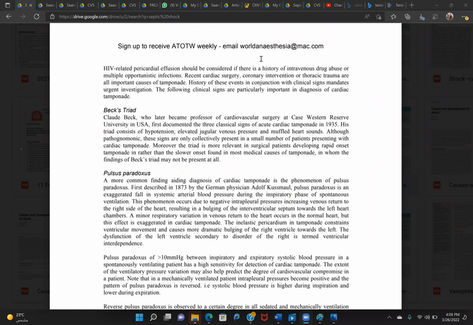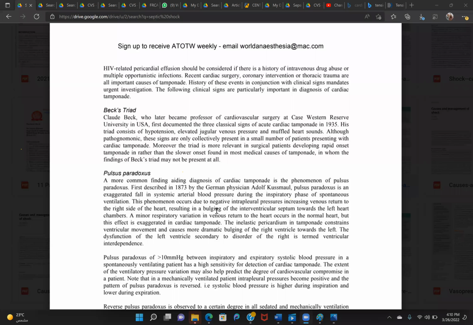Just try to understand. Actually, pulsus paradoxus is normal. Yes, Nasida. Pulsus paradoxus is during inspiration, there is a fall in blood pressure. Right, this is occurring normally. It is an exaggeration of the normal response.